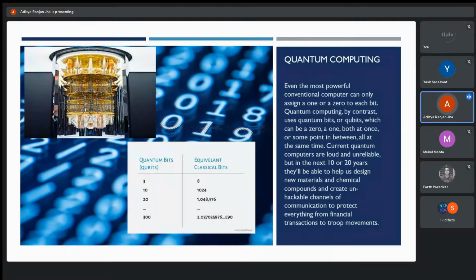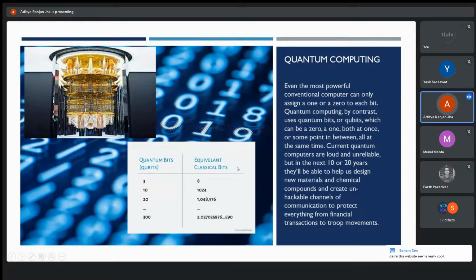In this way, a quantum computer, if designed and developed properly, could be exponentially faster than any supercomputer or best computers we have. You can see in this figure there is an exponential conversion of qubits, the bits of quantum computers. 3 qubits stand for 8 classical bits. That means alpha and beta can be any value.